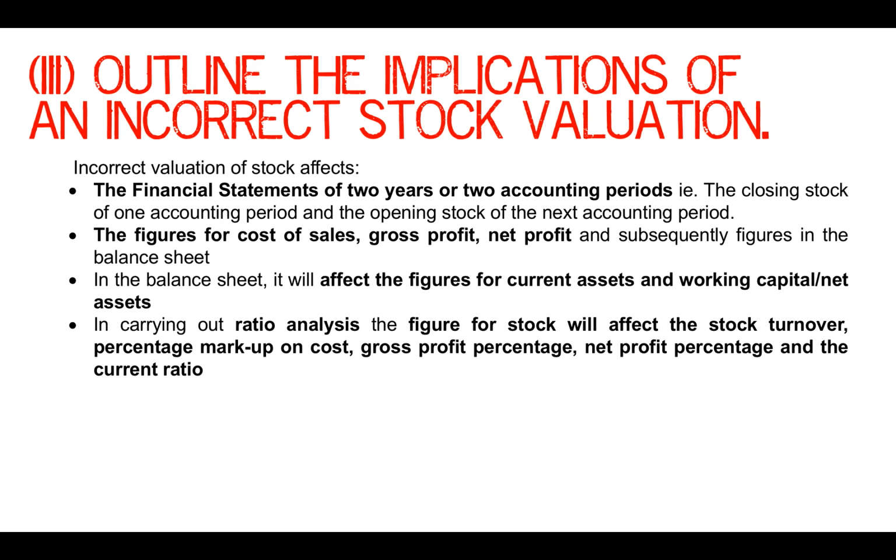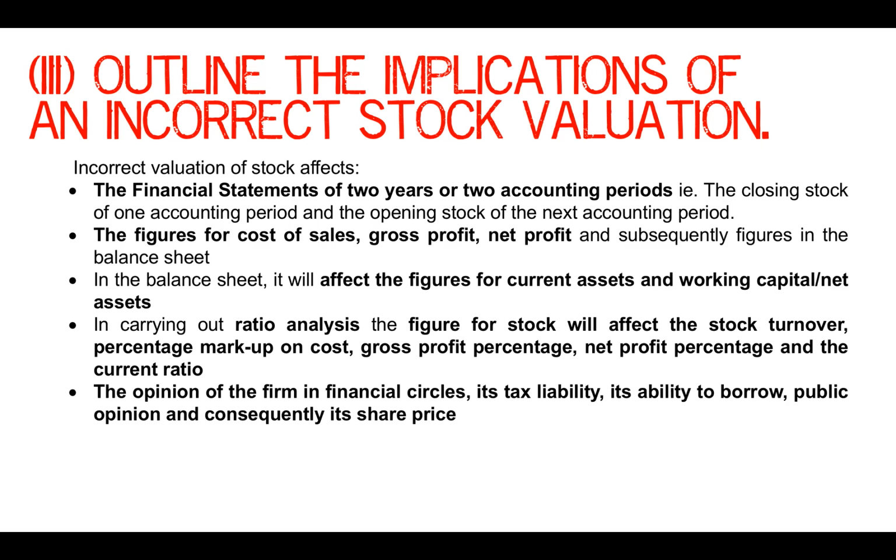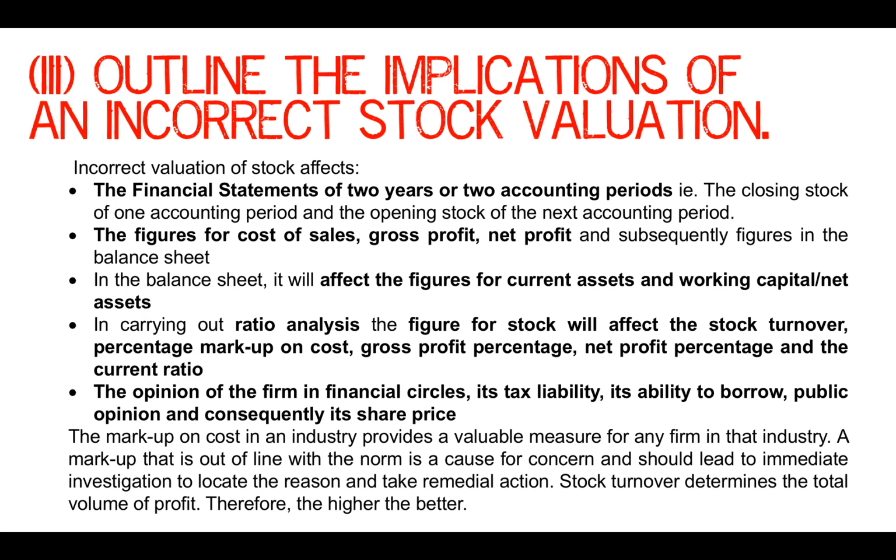In carrying out ratio analysis, the figure for stock will affect the stock turnover, the percentage markup on cost, gross profit percentage, net profit percentage, and the current ratio. The opinion of the firm in financial circles, its tax liability, its ability to borrow, public opinion, and consequently its share price.